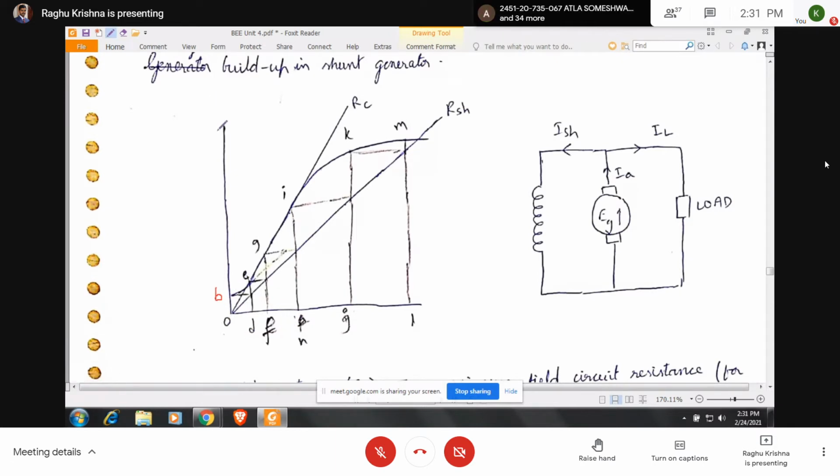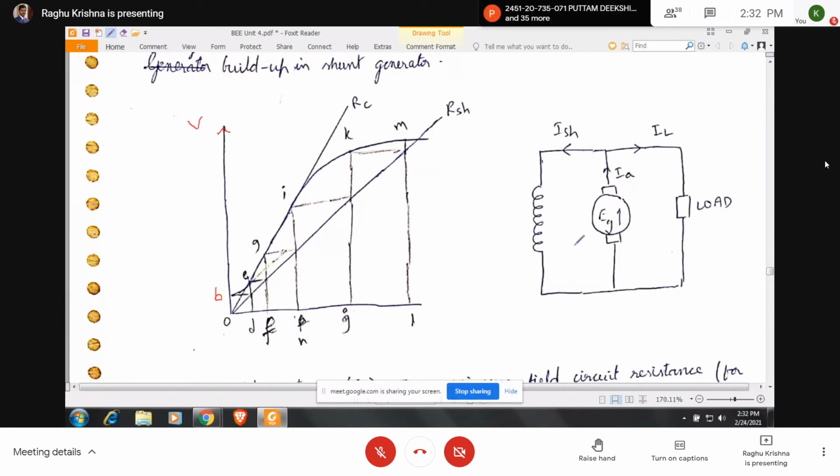This is the E, or you can directly take this as V. I am talking about the shunt generator.